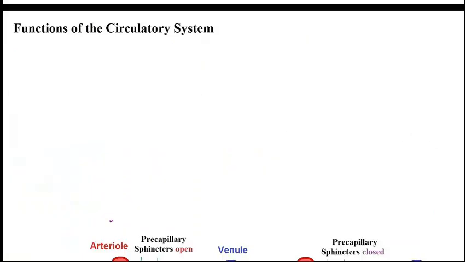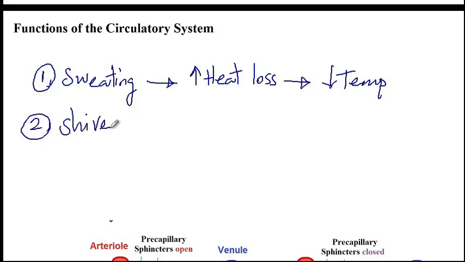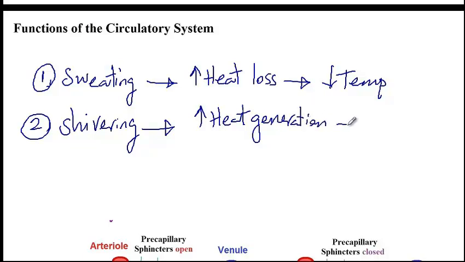The body can lower the temperature, for instance, by sweating, as a consequence of which there will be increased heat loss, and so body temperature will drop. Another mechanism is by shivering of the muscles, as a consequence of which heat will be generated, and then the body temperature increases.